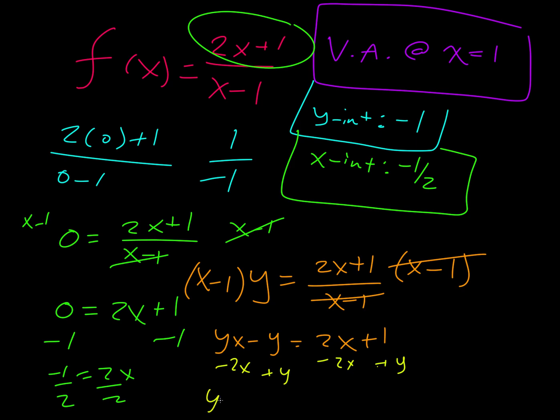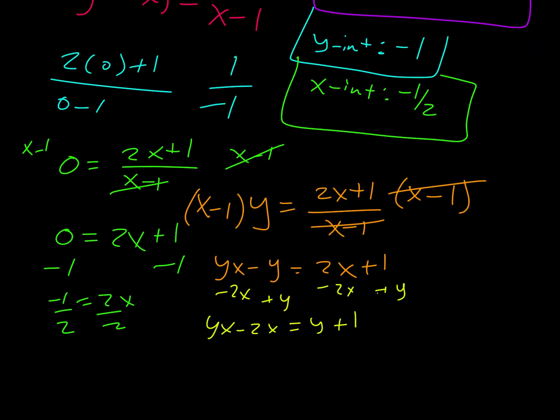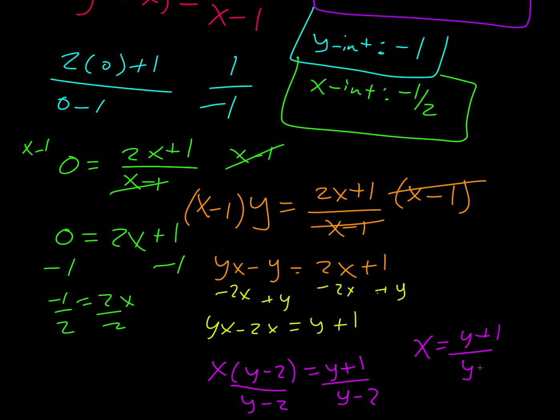So I have yx minus 2x equals y plus 1. Now I'll factor out an x. And then divide. And so x equals y plus 1 over y minus 2.